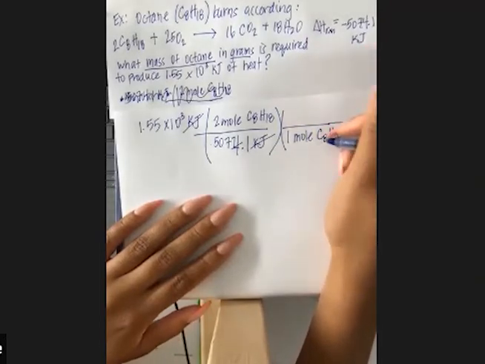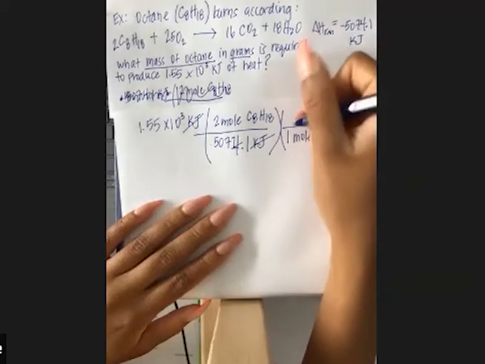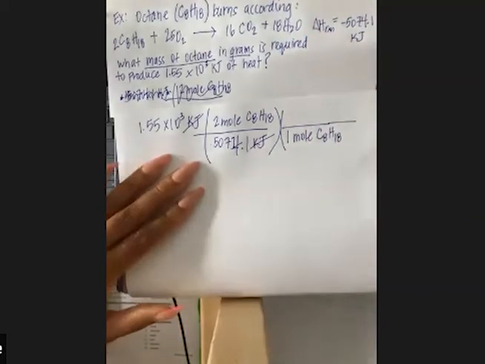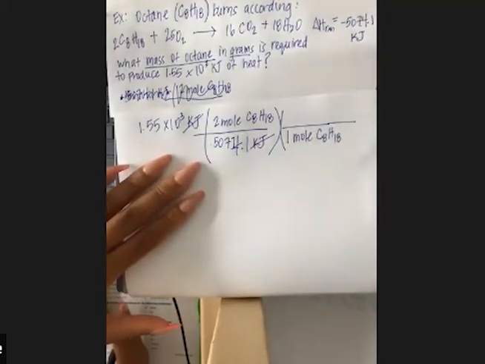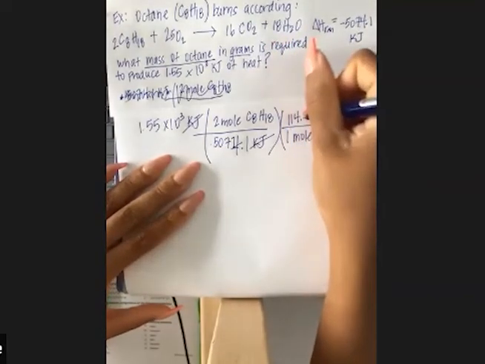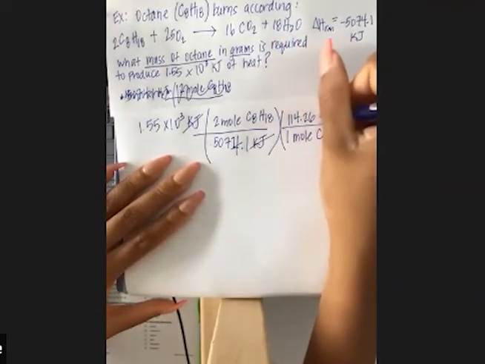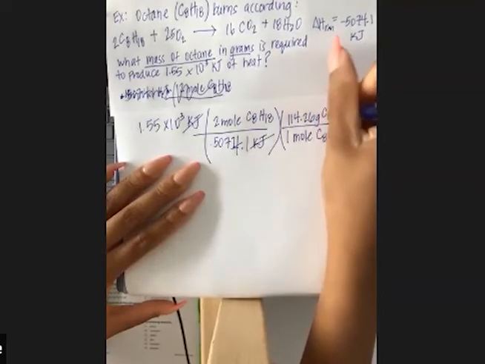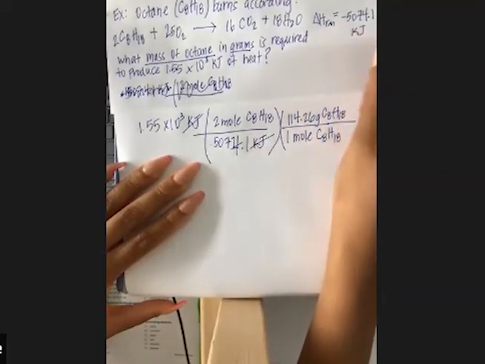So 8 times 12, 96 plus 18, I end up getting 114.26 or so grams of C8H18.